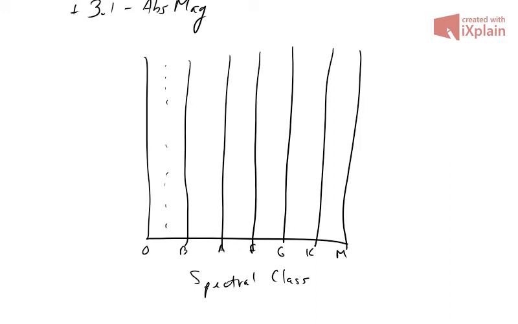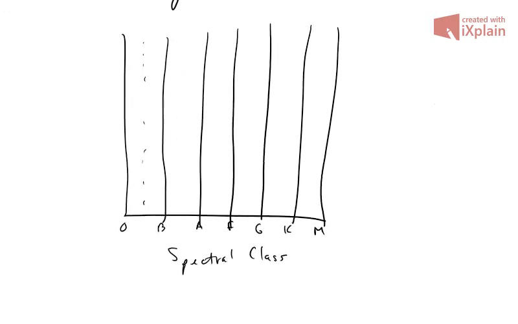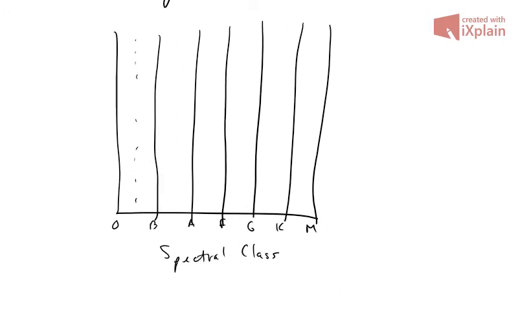Basically, the way you need to look at this is, if you have A4, you need to think of this line as being A0, and then break this down into equal parts from there. So this is the A0 line, this is the F0 line, and each one of these lines is another decimal.